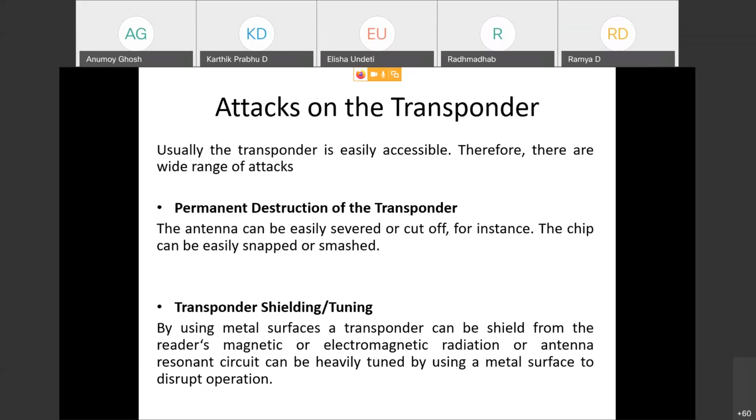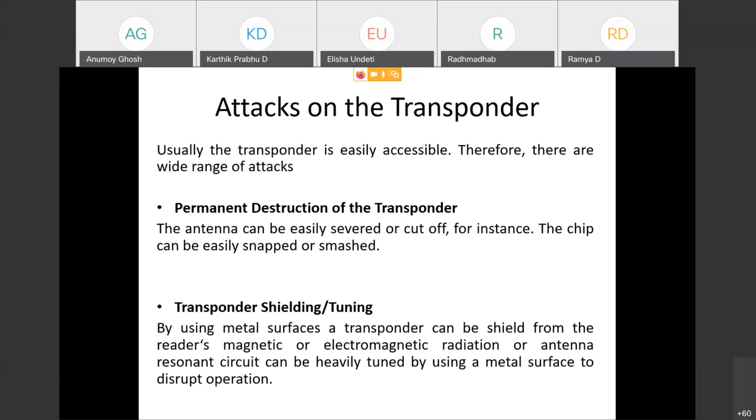Metal is a perfect reflector of electromagnetic waves. So if I shield that tag with some metallic object, the electromagnetic wave directed by the reader to the tag will be directly reflected to the reader without reaching the tag. So the tag is shielded from the reader. That is why the reader will not be able to read the tag, and the transponder can bypass the monitoring of the reader. So these are the kinds of attacks that can happen.